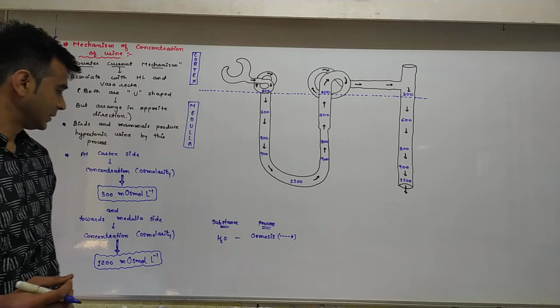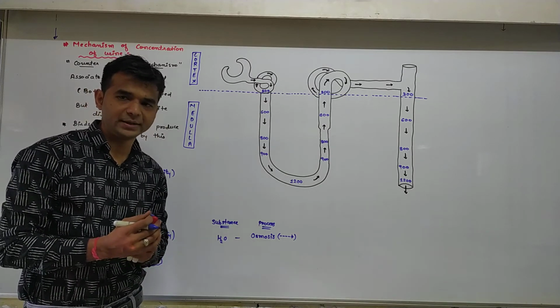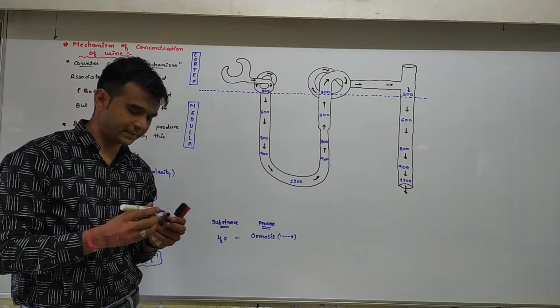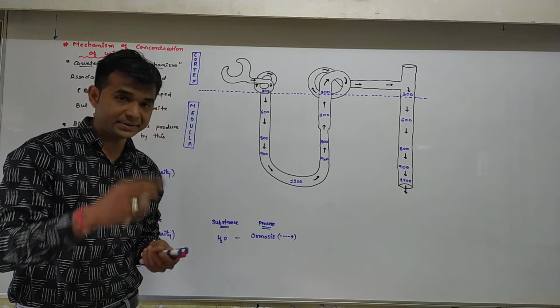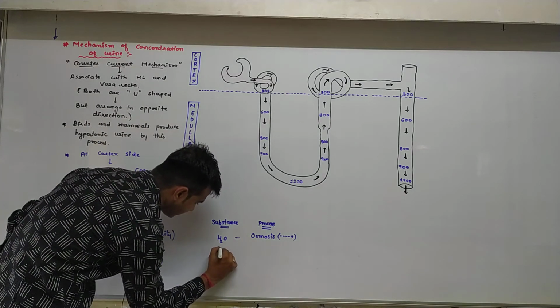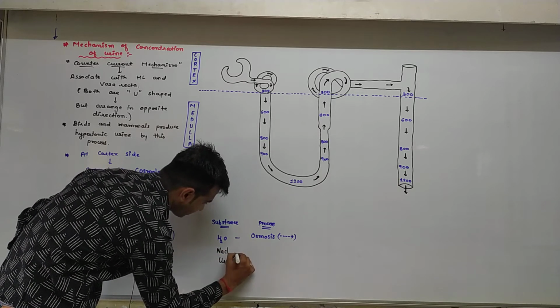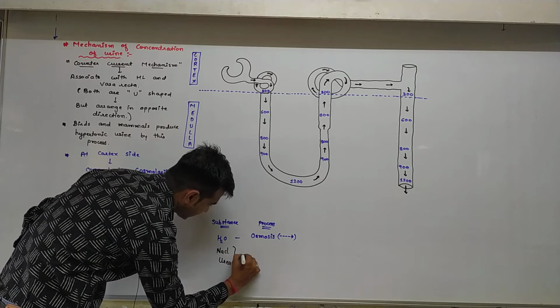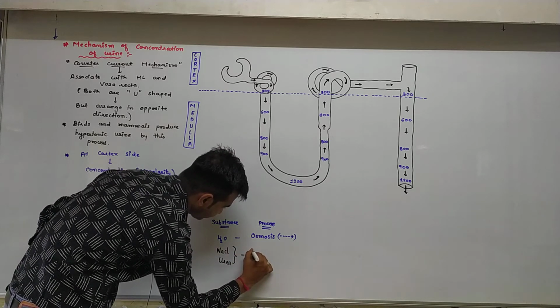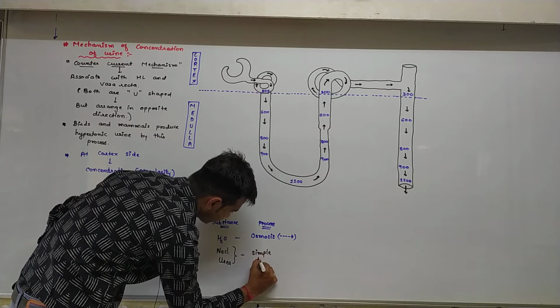See, water is transported through the osmosis process, whereas NaCl and urea are transported through simple diffusion.